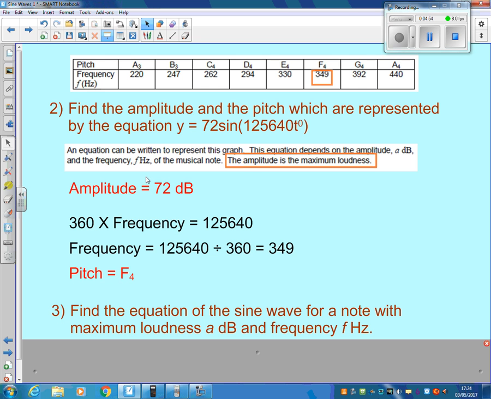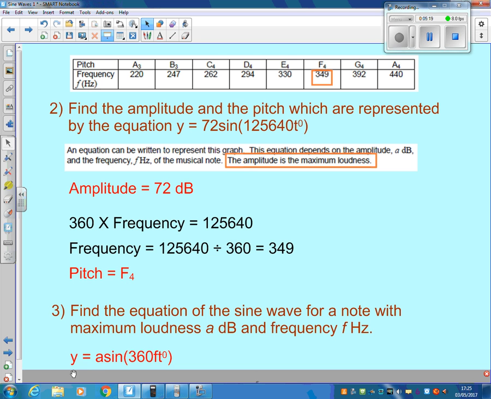As we've said, if you have something that's like this equation here, then the maximum loudness goes there, so we've got to put the A there, and then this is 360 times the frequency times t degrees. Well, this time frequency is f.